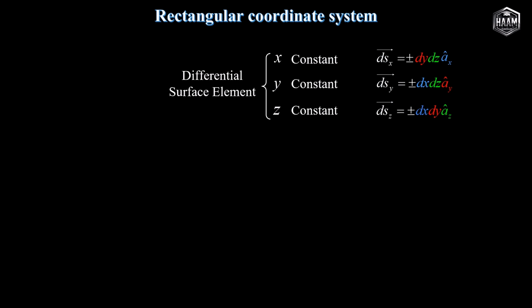rectangular coordinate system. There may exist a surface that appears rectangular in shape, but when we attempt to write its differential, we find that we cannot hold one component fixed while treating the other two as variable.